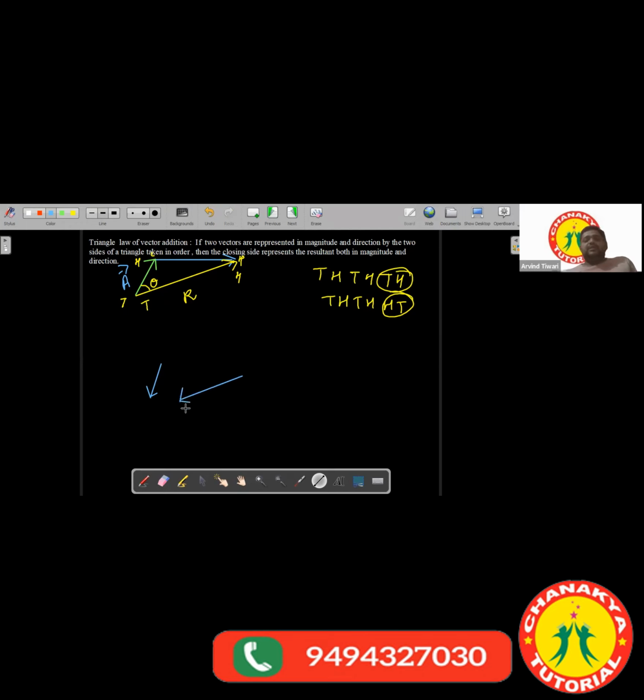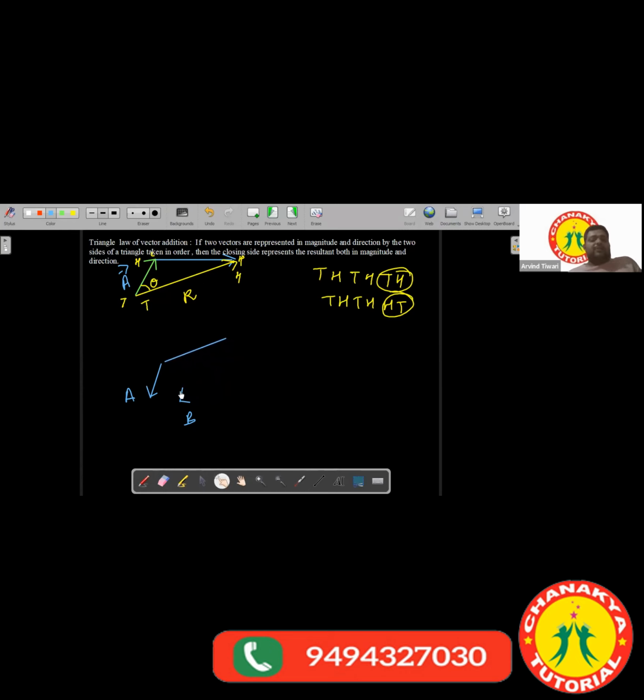So these are the two vectors, vector A and vector B. Now if I have to find the resultant, then I must put them in order. So to put them in order, I should move this vector parallel to itself and combine it with the other vector in order like this.